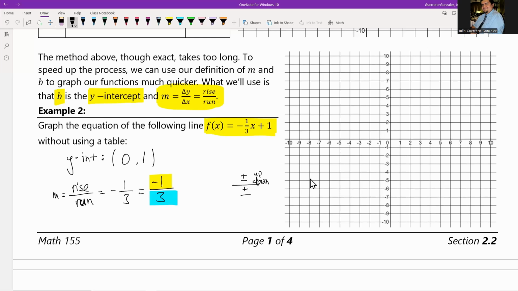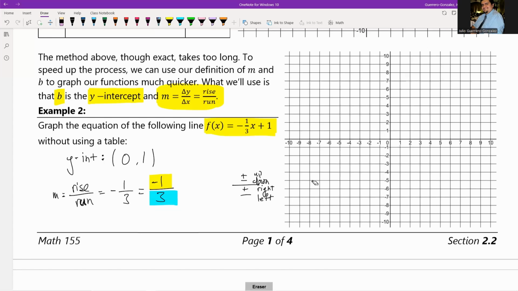If you get the positive on the bottom, you move right. Okay, and if you get the negative on the bottom, that means you move left. Okay, so in this case, the -1 is on the top. That's telling me that I'm going to be moving downward. Does that make sense? And the 3 on the bottom is positive, so I'm going to be moving toward the right.